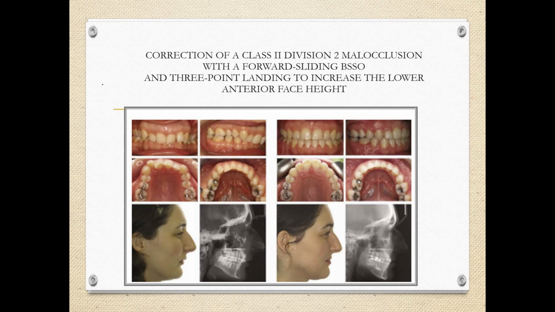If the face height is reduced, as in this patient with class 2 division 2 malocclusion, the curve of Spee is generally maintained in the mandible and the post-surgical face height increased with the osteotomy.